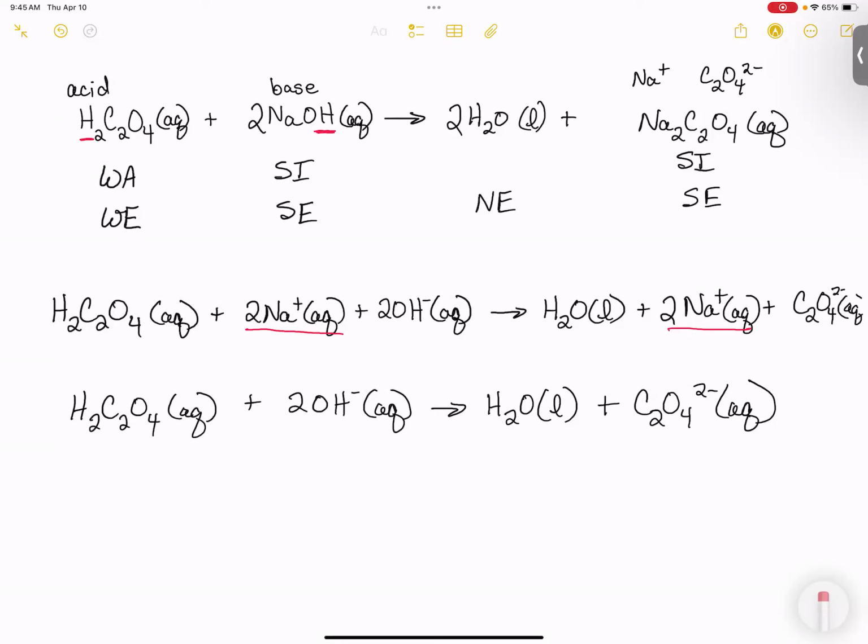That is the biggest mistake I see students make on acid-base neutralization reactions. You have to go back and actually pay attention to what it is to determine what type of electrolyte it is. Questions?